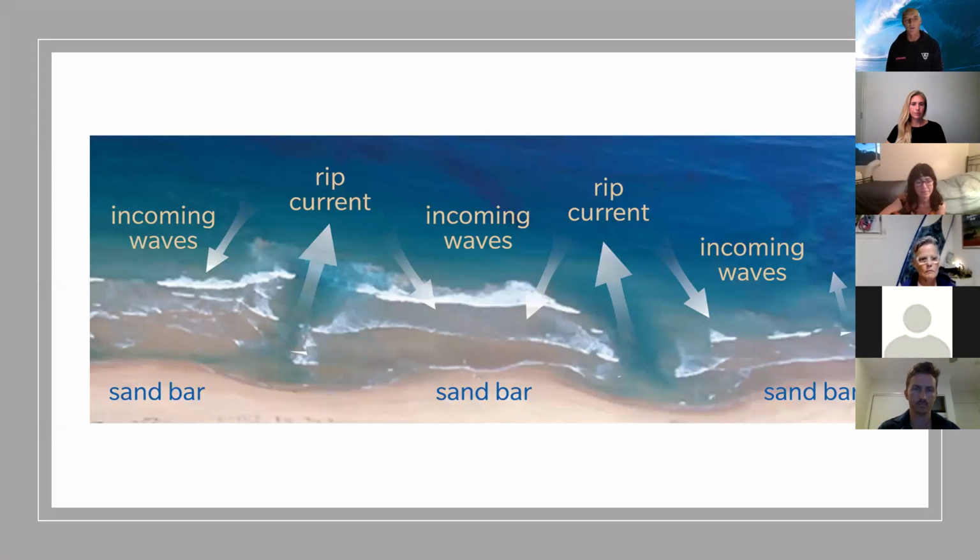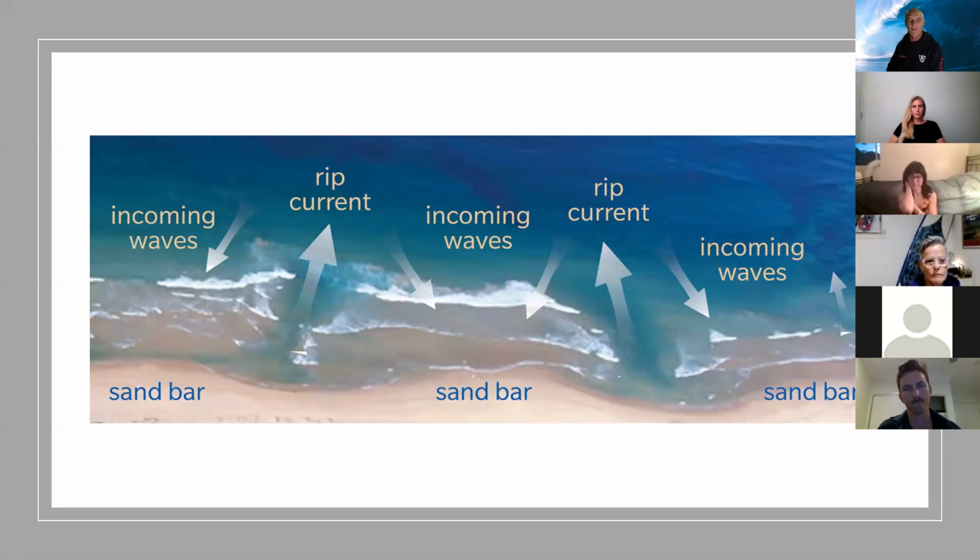Now that can be at an angle, it can be straight out. But looking at this picture here, you can see where the incoming waves are, and the ocean's got to come in, but all that excess water needs to drain out somewhere. So you can clearly see on this picture where those rips are.